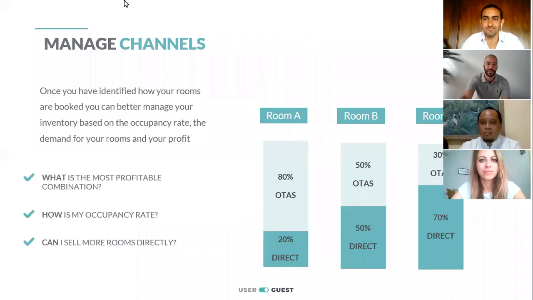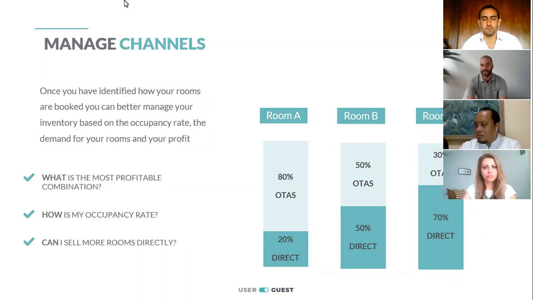All right. Moving to the next part, we'll focus a bit more on how to manage your channels. Once you've identified how your rooms are being sold or booked, you have to think about how you can better manage your inventory.